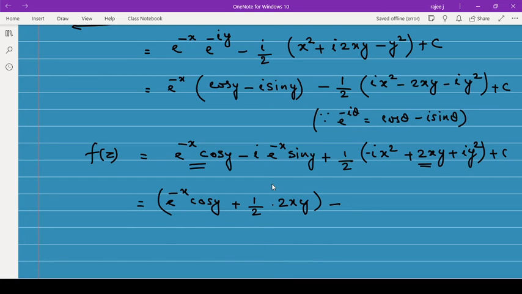Now all the i terms together: plus i into, I'll take this term first because that is positive, 1 by 2 into y square, then minus x square by 2, and minus e raised to minus x sin y, plus c.